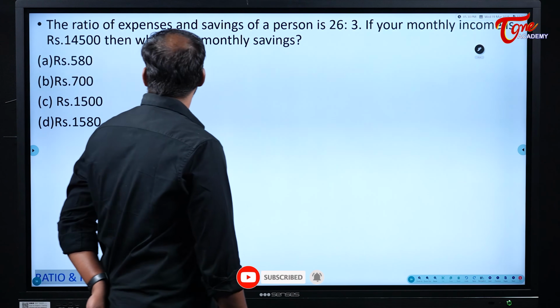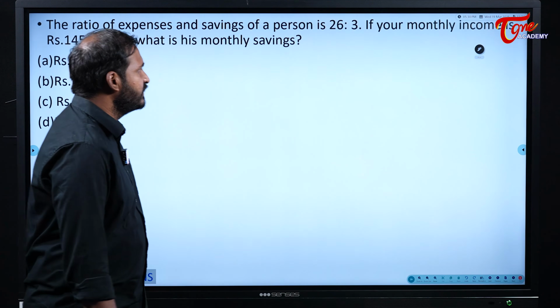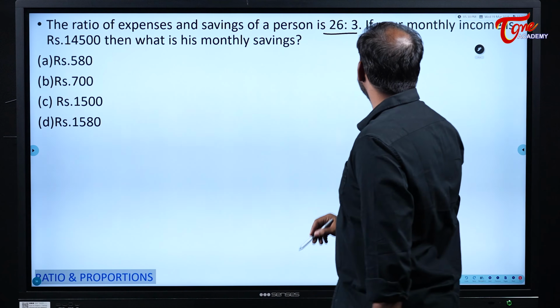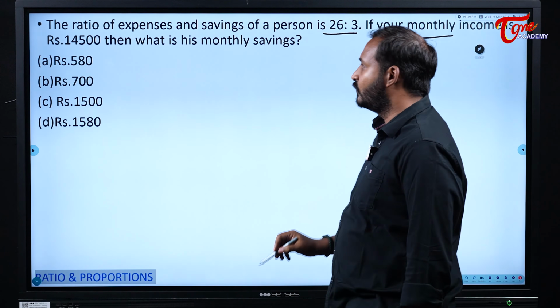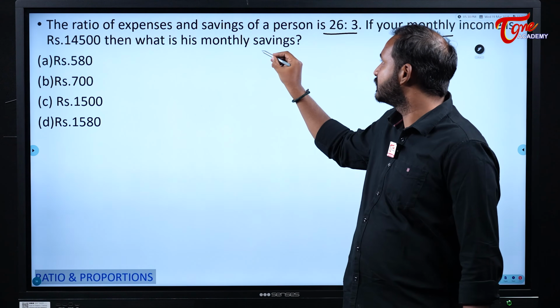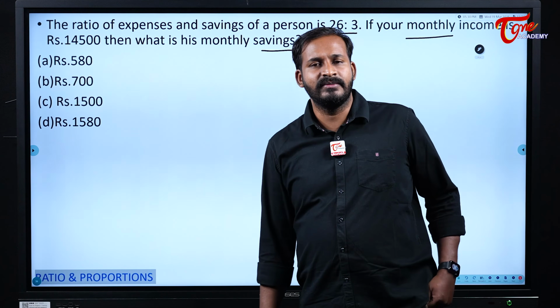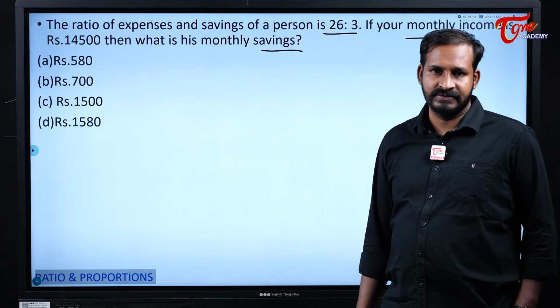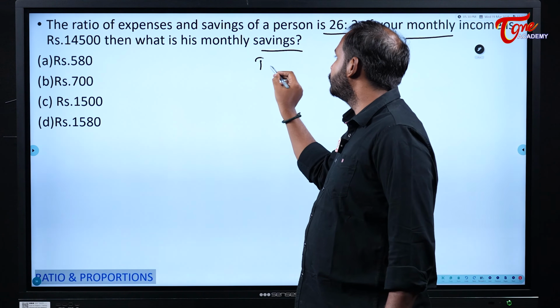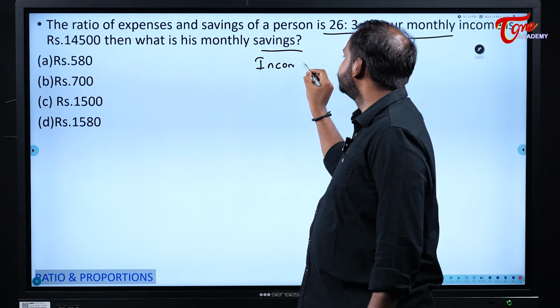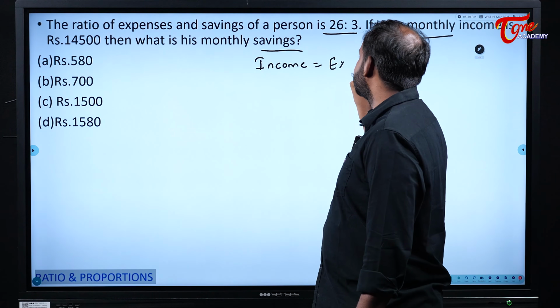Next one. The ratio of expense and savings of a person is 26:3. If his monthly income is 14,500, what is the monthly savings? Now see here, what is the relation between income, expenses and savings? Income is equal to expenditure plus savings, right?